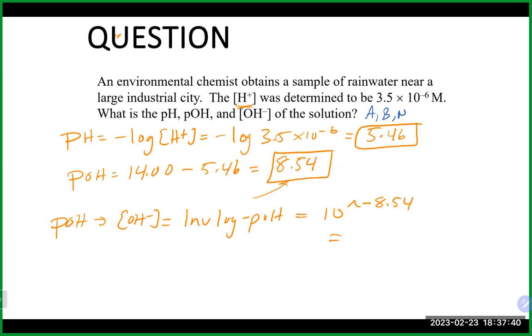And looks like maybe a 2.9 times 10 to the minus 9 molar, if you change it to scientific notation. If not, you probably got a bunch of zeros with a 2 at the end of your calculator where it ran out of room, and then you should hopefully be okay. Question on that there? This would be acidic, basic, or neutral. It should be acidic based off of the pH value.